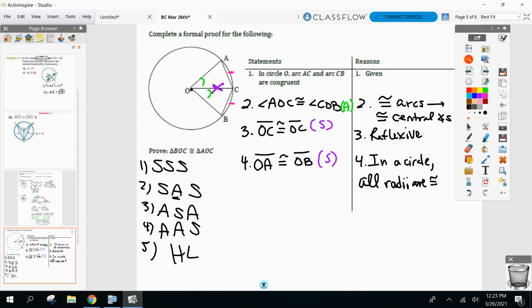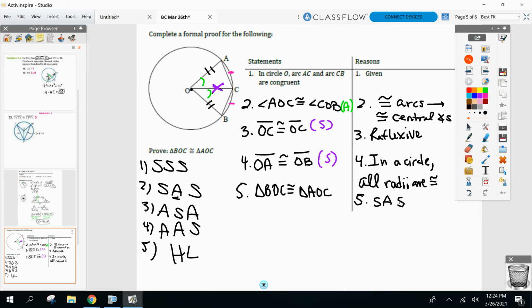And what do I have here now? Triangle BOC congruent to triangle AOC, a little thing we like to call side angle side. We've also done side because line AC is congruent to line BC. Let's not call them lines.